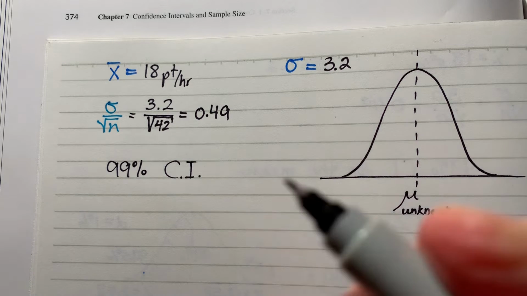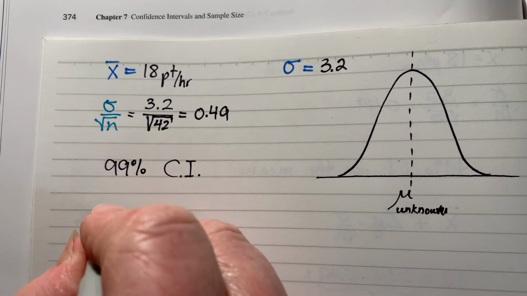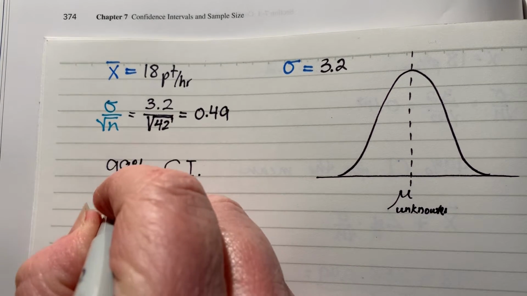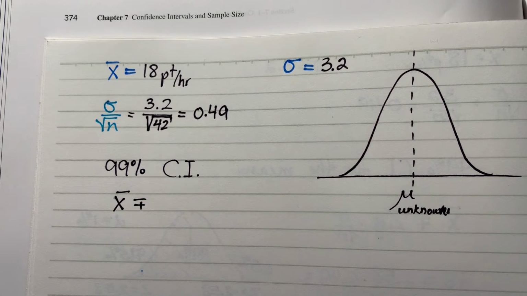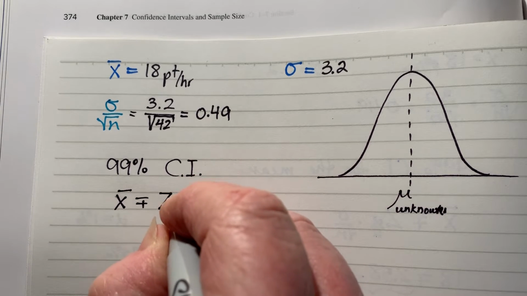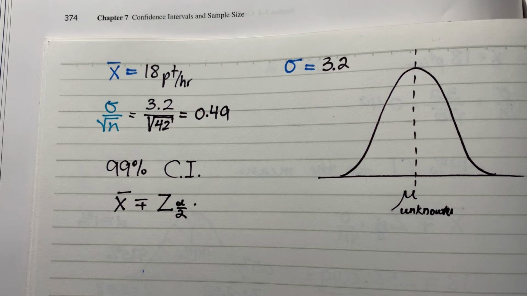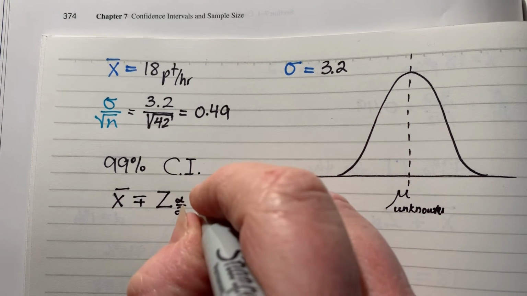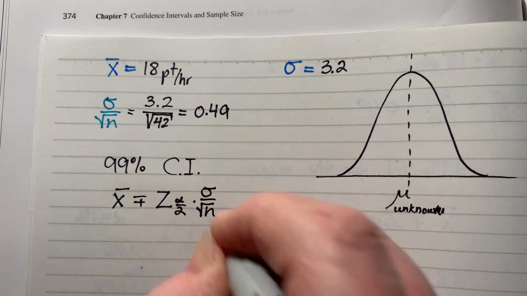So I will remind you that the formula for this was your statistic, your X bar, plus or minus your margin of error. And this margin of error, if you remember, was made up of 2 things: the critical value, and I'll talk about this alpha in a second, and the standard deviation of the statistic. Okay, so that's sigma over the square root of n.